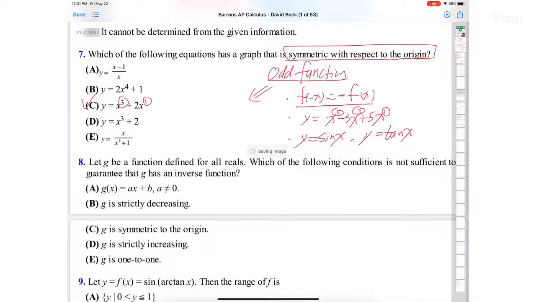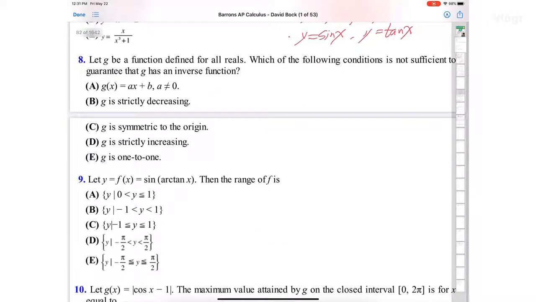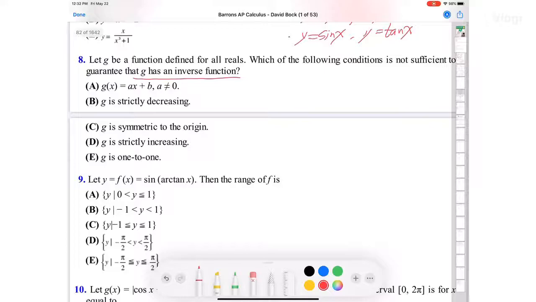Let g be a function defined on all reals. Which of the following conditions is not sufficient to guarantee g has an inverse function? If g has an inverse function, that means g should be a one-to-one function. Only a one-to-one function has an inverse that is a function as well.